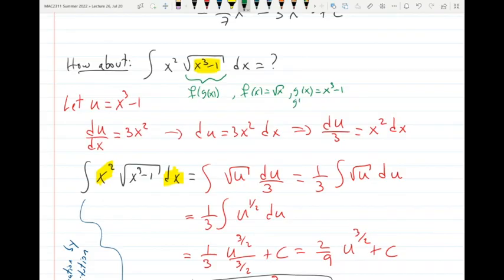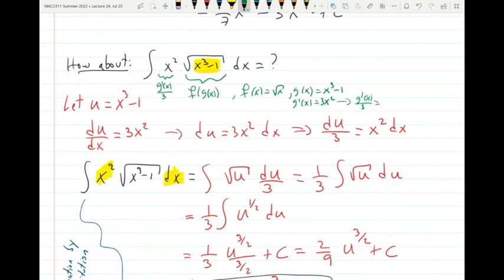Well, you know that g prime is 3x squared. We technically don't have 3x squared, but we have an x squared. So you can think of this as being g prime over 3, right? If you divide g prime by 3, that gives you x squared. You can get it from here, right?